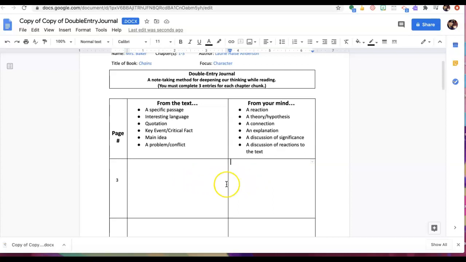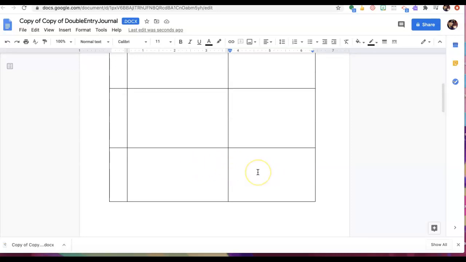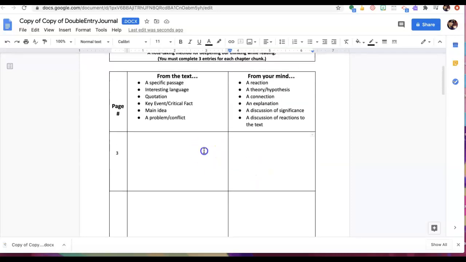Okay, they connect. Now, down here, these 2 boxes will connect, and finally, these 2 boxes will connect. Whatever you put in the left-hand side, you are going to explain or write about why you chose that particular piece of text. So these boxes are connected.